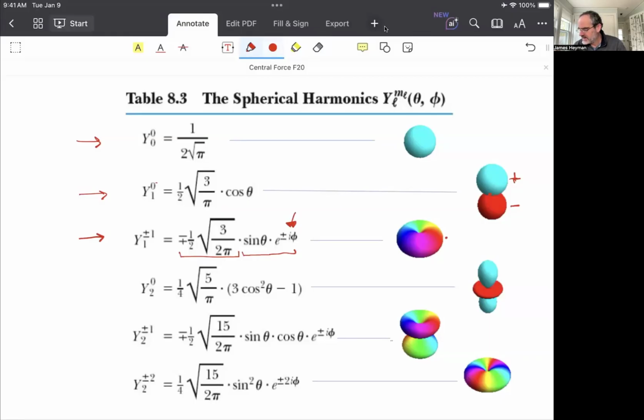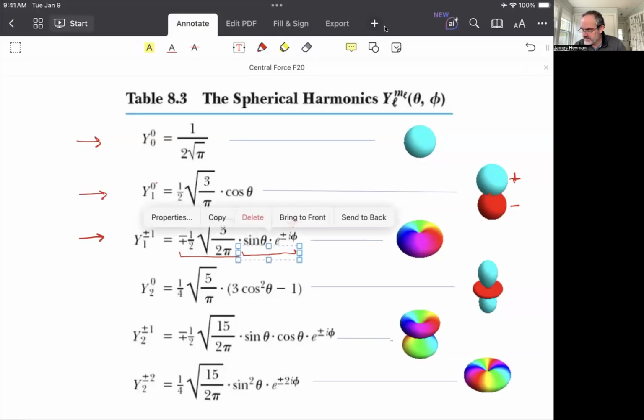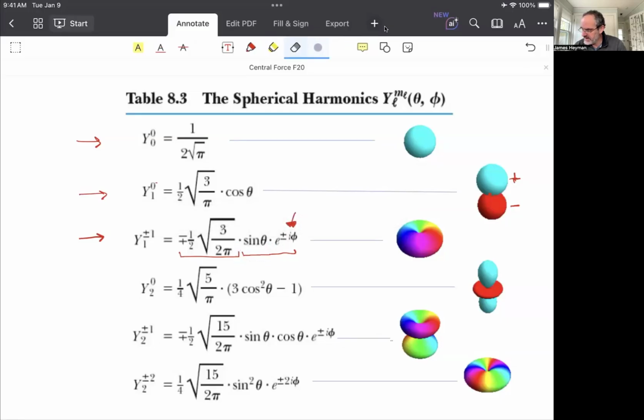And then as you go around, you go through a web of colors to the other side. Well, I guess it starts at blue, which is a positive one, and then goes through to negative one, through all the complex values. In any event, the color represents the value of the phase of the wave function.